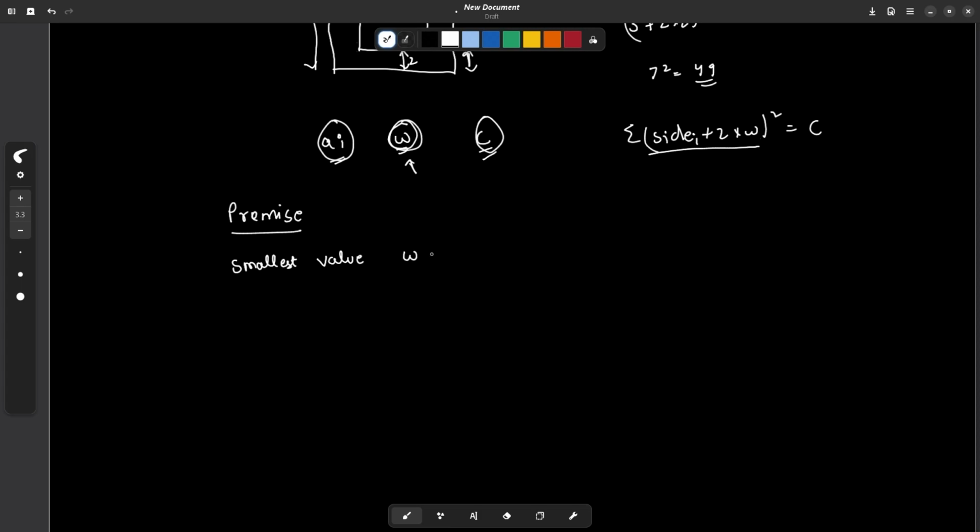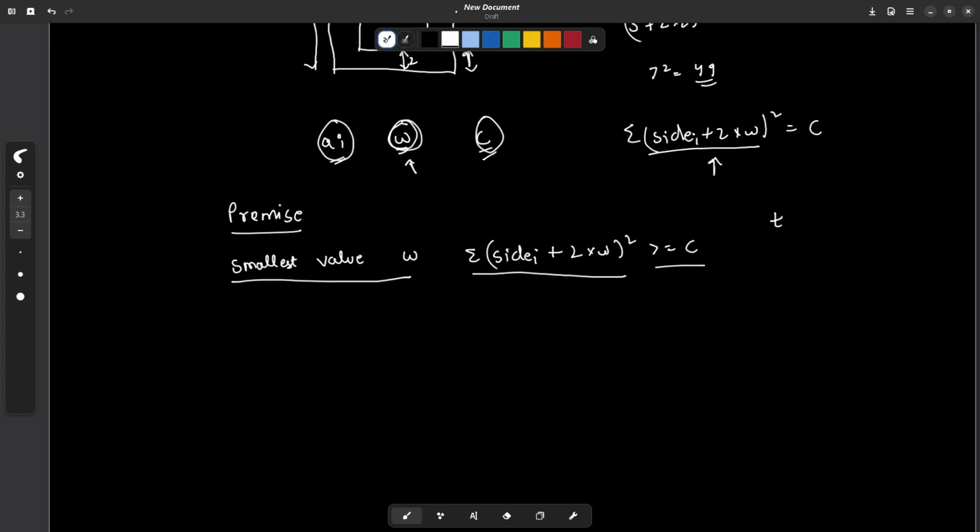of width such that the summation of (side of I plus twice into width) whole square is greater than or equal to C. I want to find the smallest value W such that the summation of this particular expression is greater than or equal to C. This is my premise that I am setting.